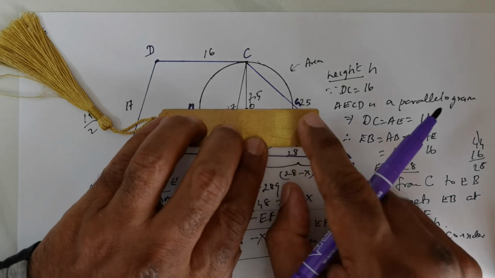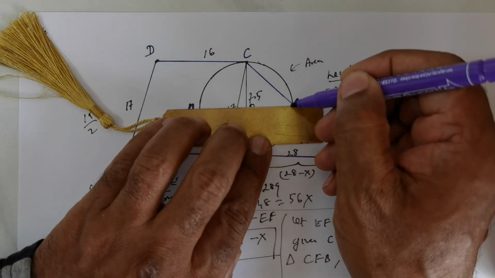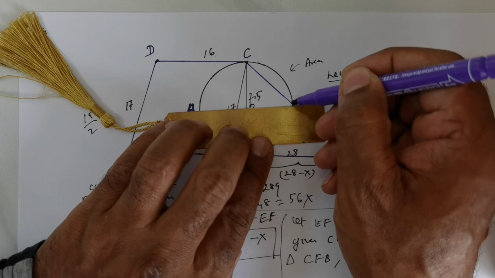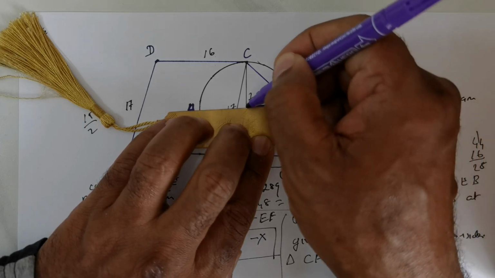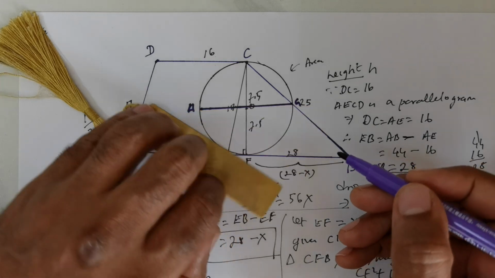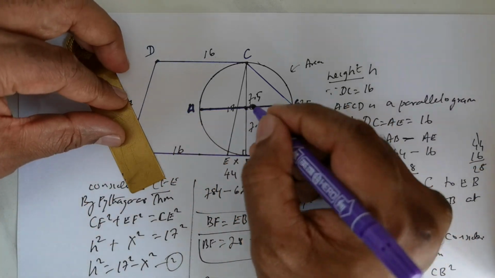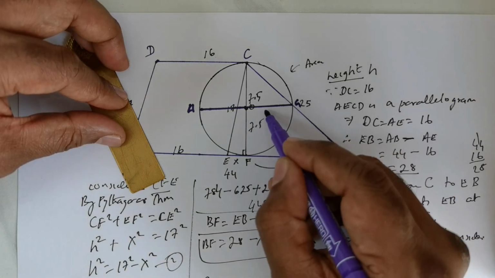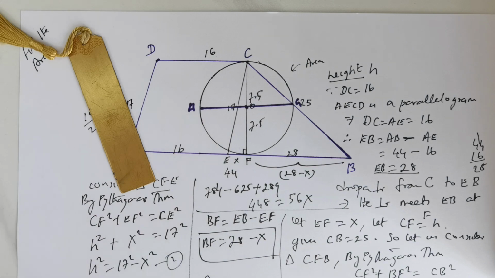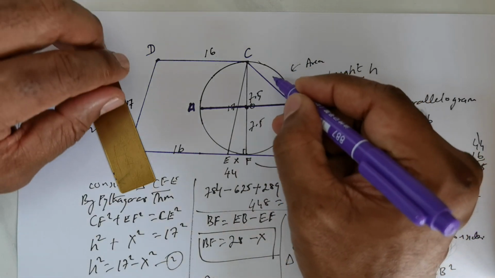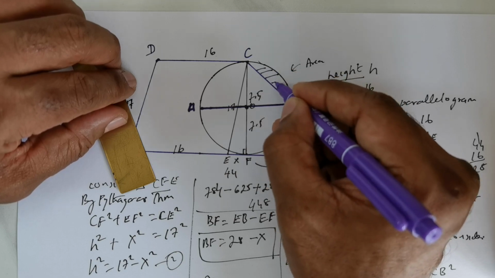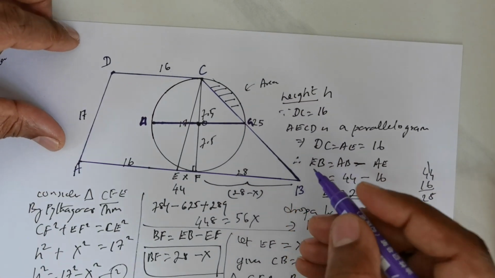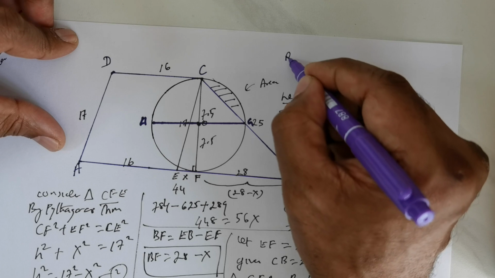So what I'm going to do is I'm going to connect this thing to make a triangle. Now clearly this is going to be 7.5, right? So the required area is this part, as I mentioned to you. So how do I get that required area? So let me write that down.